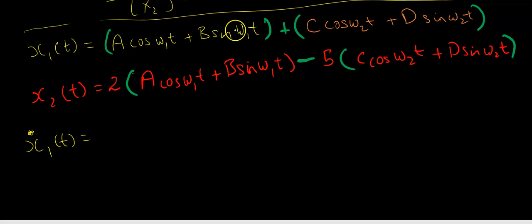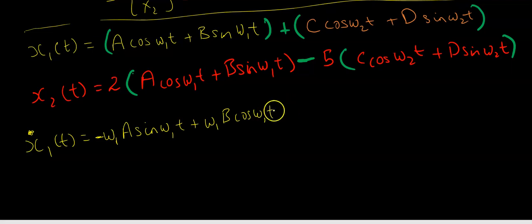I differentiate with respect to time, and I get, I'll write it like this: minus omega 1 A sine omega 1t. When I differentiate this term, I'm going to have a negative value on the outside here. Then when I differentiate this term, I'm going to get omega 1 B cos omega 1t. And that's for the first mode. I'll put in a little blue bracket again to show you that.